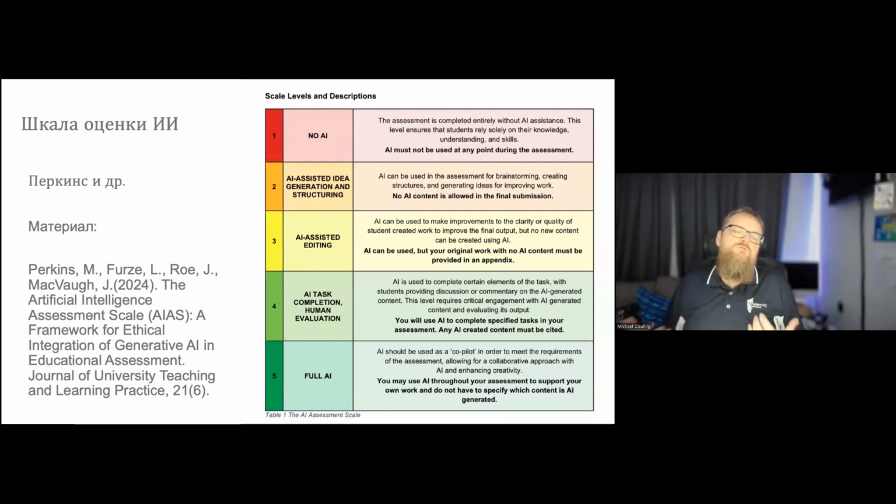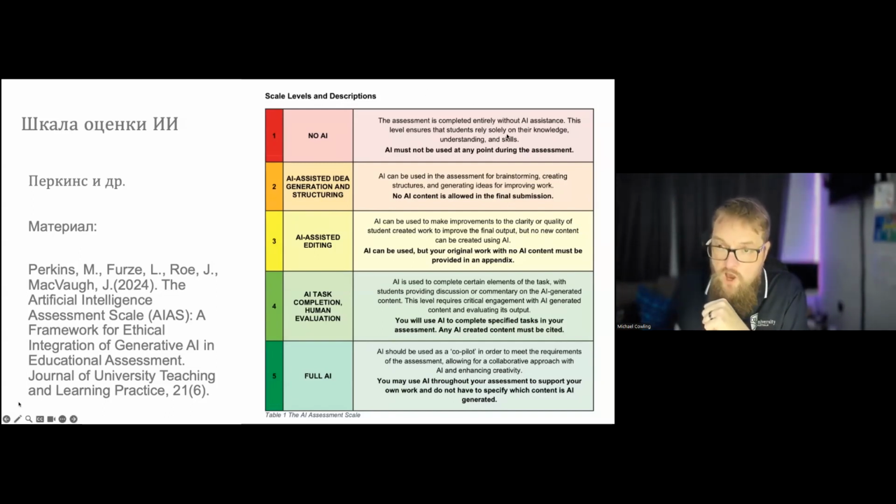And again, it gives you an idea of how you should build your assessment for your class, all the way from no AI, AI must not be used at any point during the assessment, to full AI, which is you can use AI however you'd like in the assessment. And then in the middle, using AI for some components, but not others.